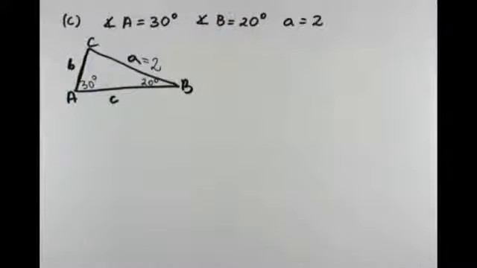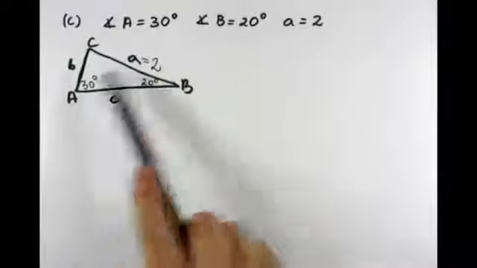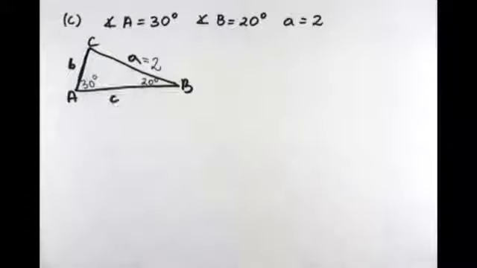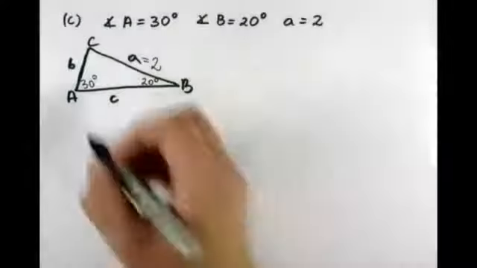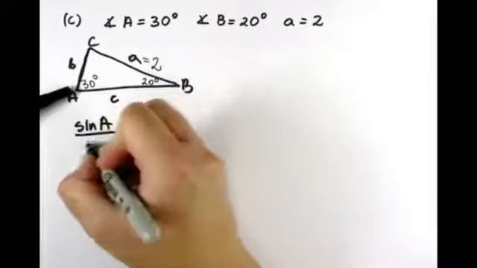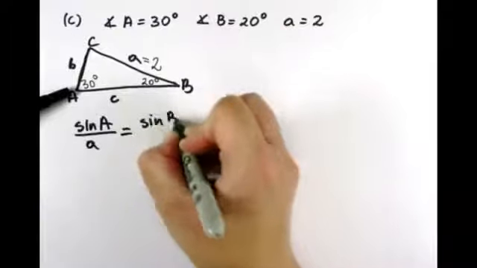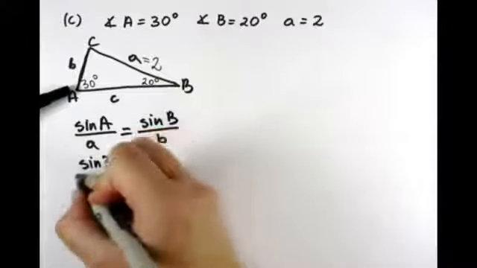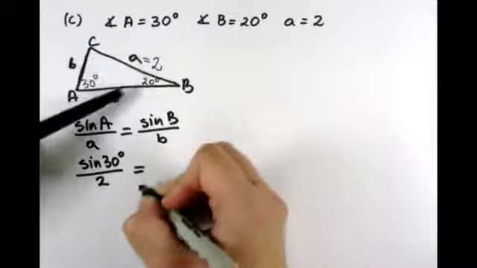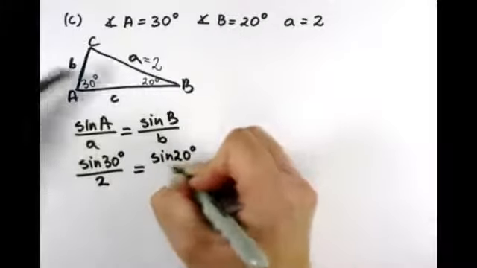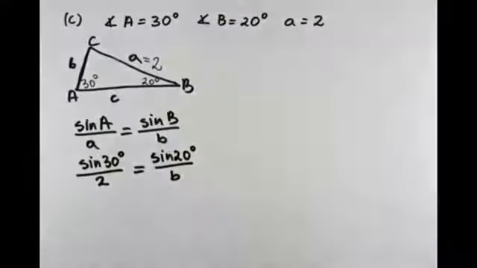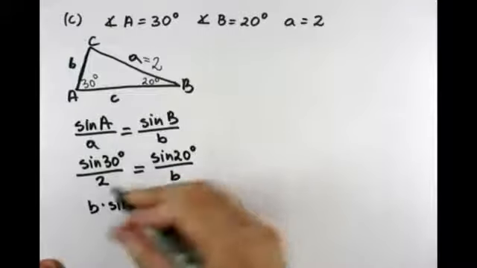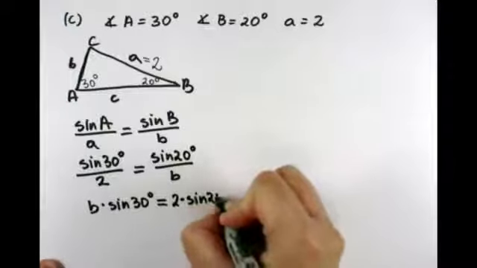So we can use the first ratio, sine A over A is equal to sine B over B. Using the sine law, sine A over A is equal to sine B over B. Sine A is 30 degree, so sine 30 degree over 2 is equal to sine 20 degree over B. Cross multiply, so B times sine 30 degree is equal to 2 times sine 20 degree.